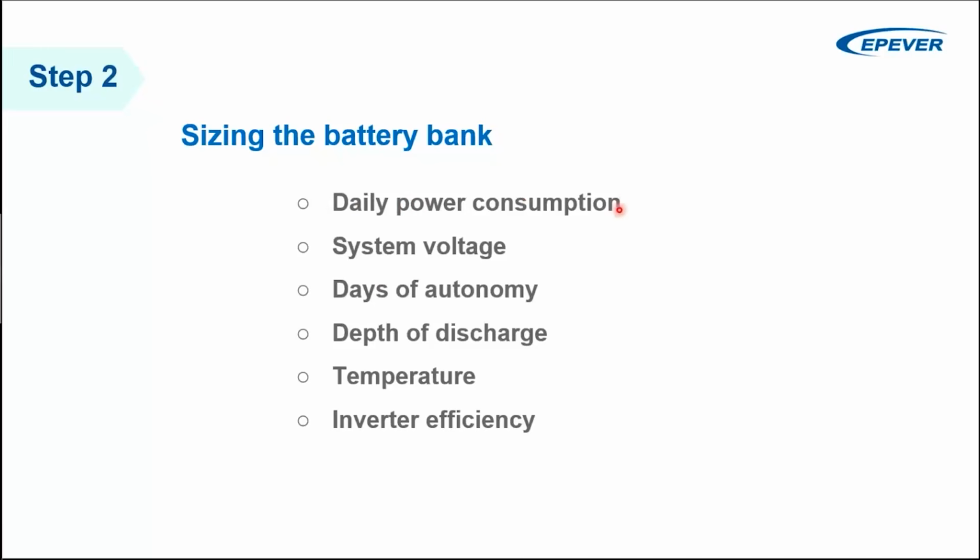So the daily power consumption, we talked about it, and the system voltage. We have different cells of the batteries, 2 volts, 6 volts, 12, 24, 48. So the system voltage is really important. The higher the system voltage, the lower the voltage drops in your system.